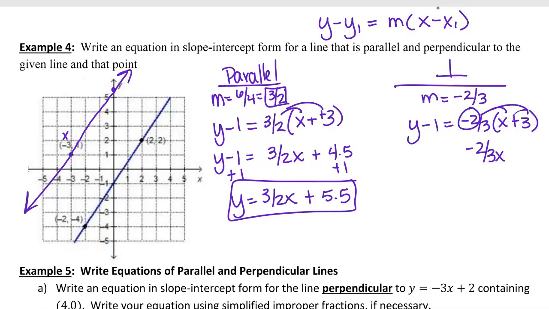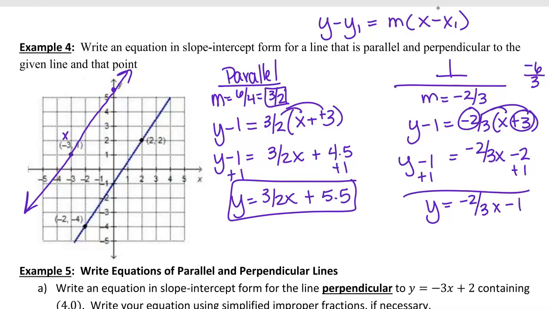So numerator times that number there, which is -6, and then we divide by the denominator. So we get -2. And then final step, get y alone by adding 1. So our equation is y equals -2/3 x minus 1. And there's our perpendicular equation that would look like that.